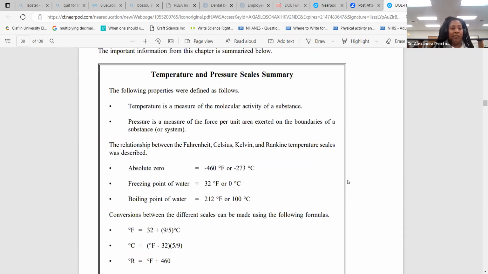So for the summary, like I said, I like to use these so that you understand some of the definitions and some of the important equations for the chapter.